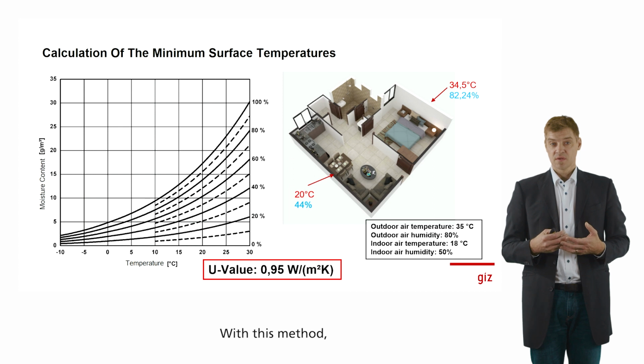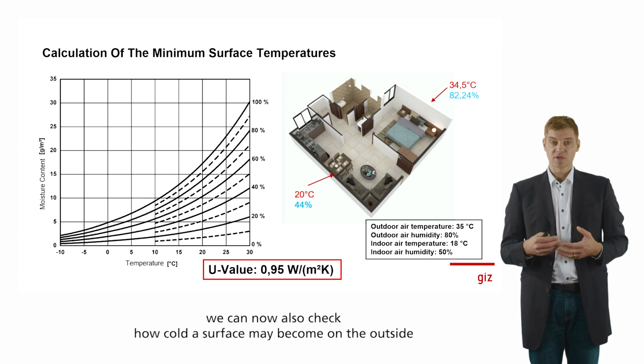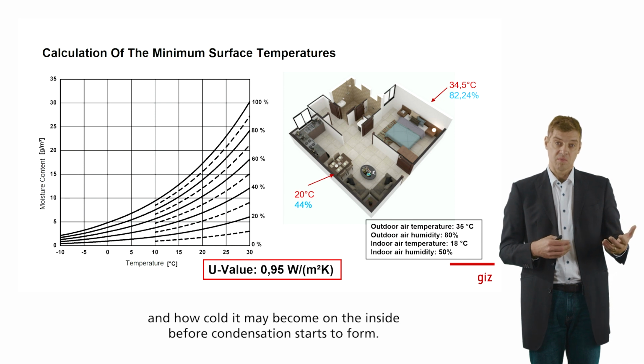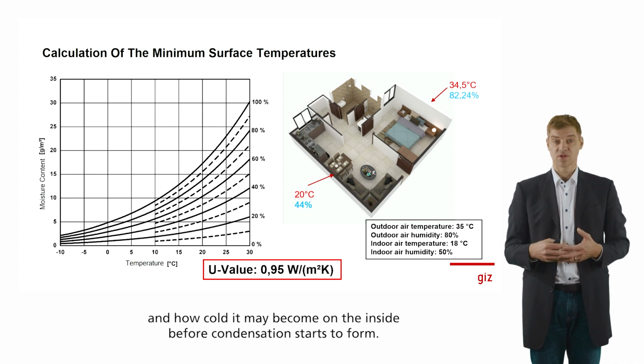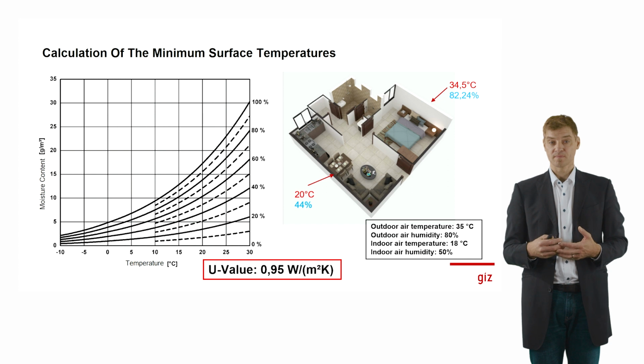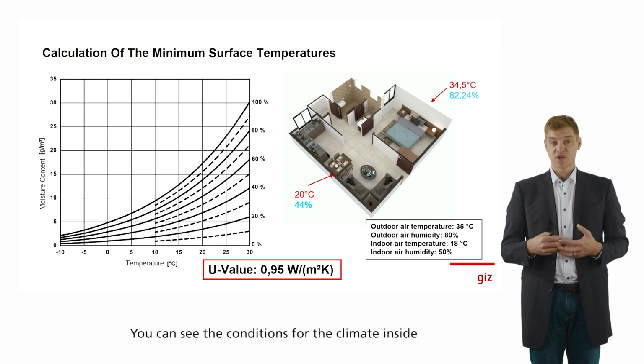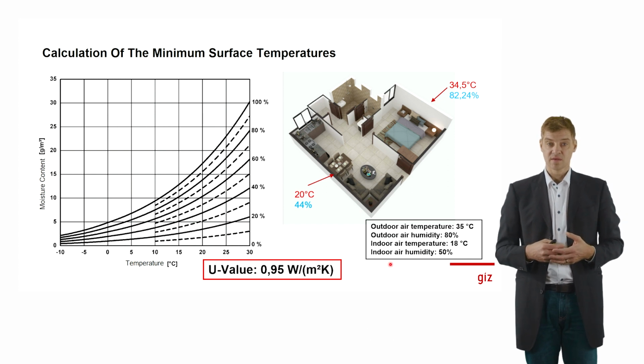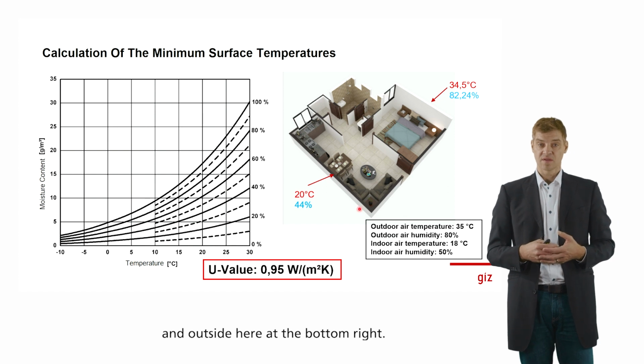With this method, we can now check how cold a surface may become on the outside and how cold it may become on the inside before condensation starts to form. You can see the conditions from the climate inside and outside here at the bottom right.